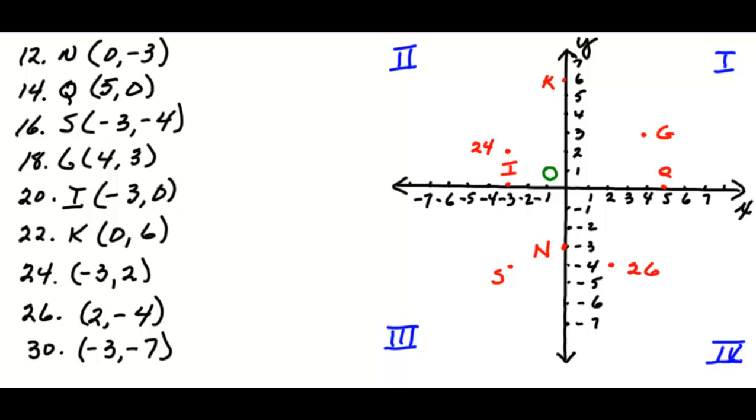And then we're going -7 along the y-axis. That puts it clear down here. And that is number 30. And it sits in the 3rd quadrant. Now, the whole purpose of these first two sections of Chapter 6 is learning how to properly plot points. This is critically important to Chapter 6.3, where we're going to start graphing linear equations.